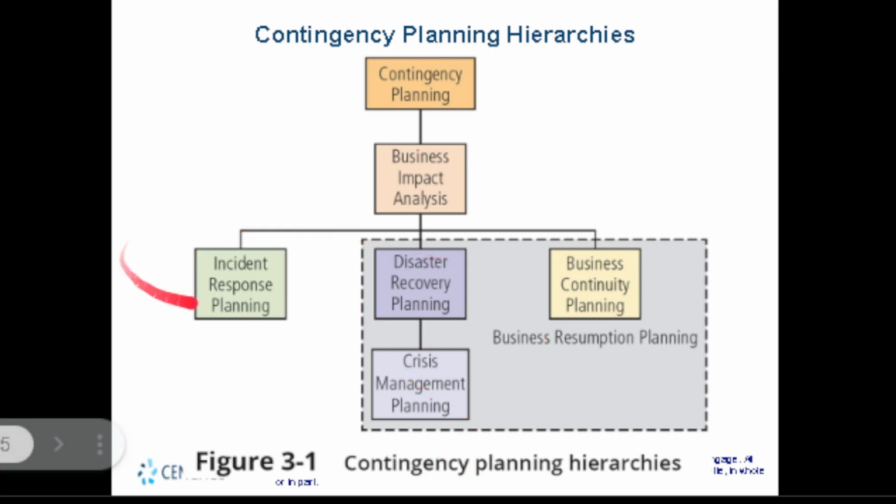And then in that response, you have the incident response, disaster recovery, planning with managing the crisis, and keeping the business going. So those are your hierarchies of activities. And often it's separate teams doing that.